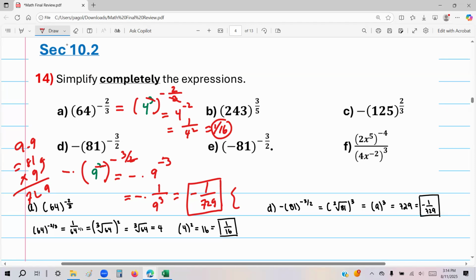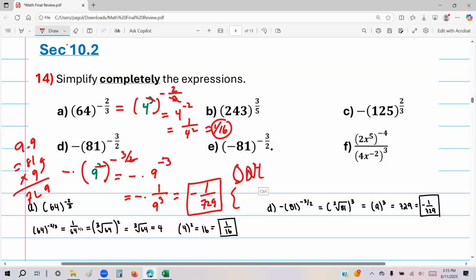But on the other one, what is our base? 81 or negative 81? Negative 81. So can you think of a number that, if you multiply it twice, the answer is negative 81? Negative 9 squared is positive 81. Positive 9 squared is positive 81. So can you think of something squared that gives a negative number?